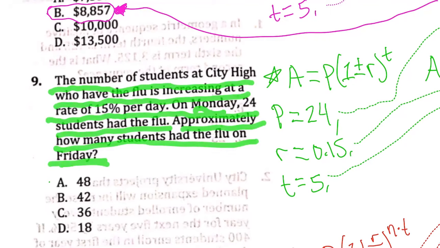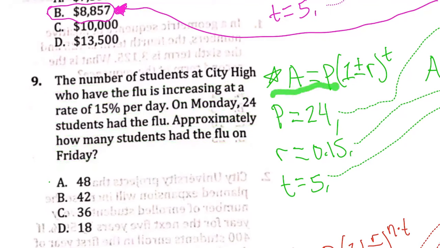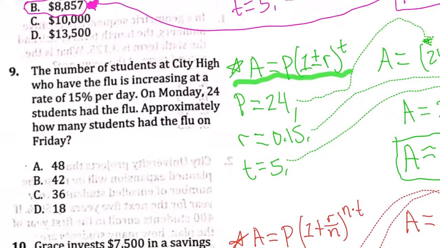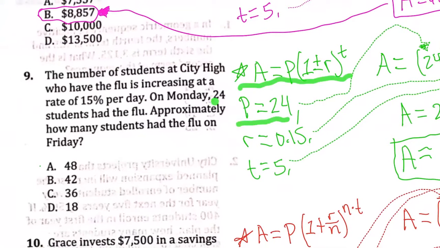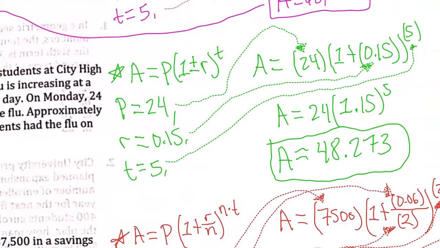So from Monday to Friday, it's 5 days. Now we're going to use the formula here where P is 24 students. My rate is 15%, and the time is 5 days, Monday through Friday. So again, we just plug it in.